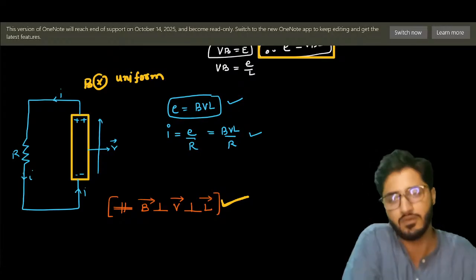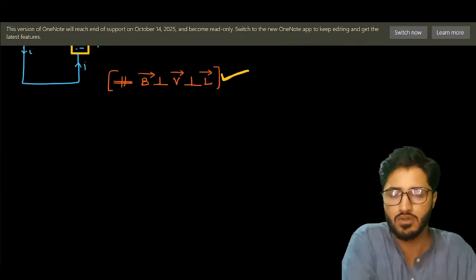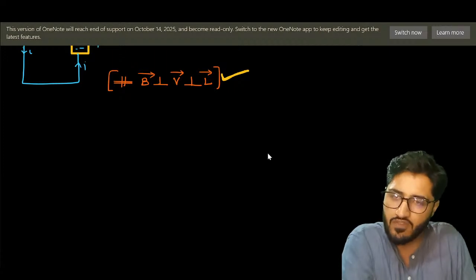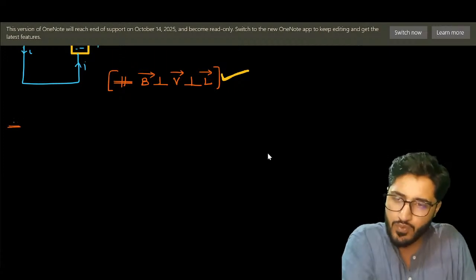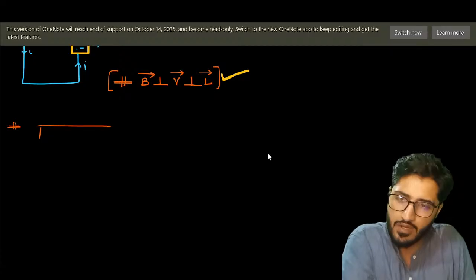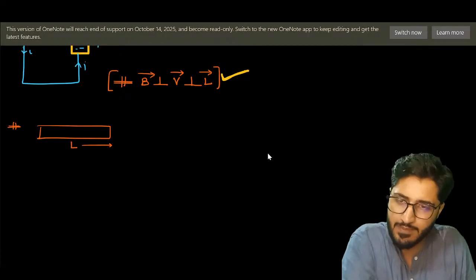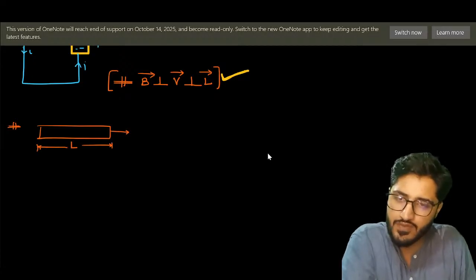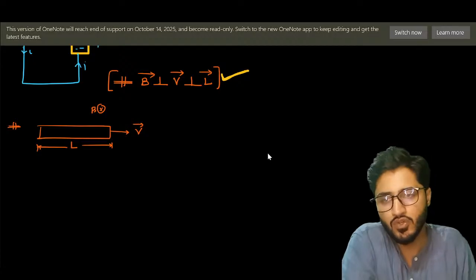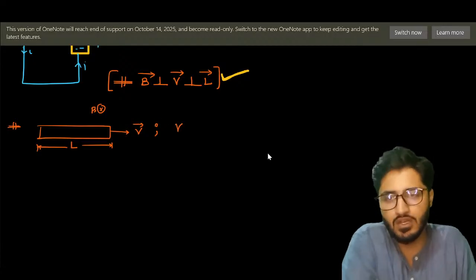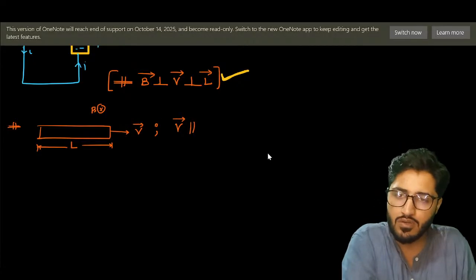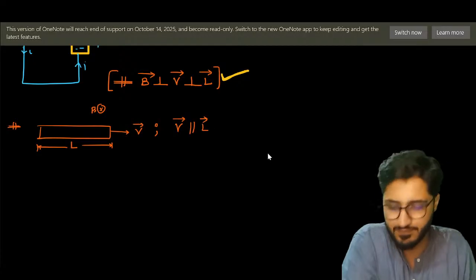Now suppose we have a rod of length L, that is, displacement is L. Velocity is in this way and the magnetic field B is inward. Here the velocity of the rod is parallel to the displacement vector.